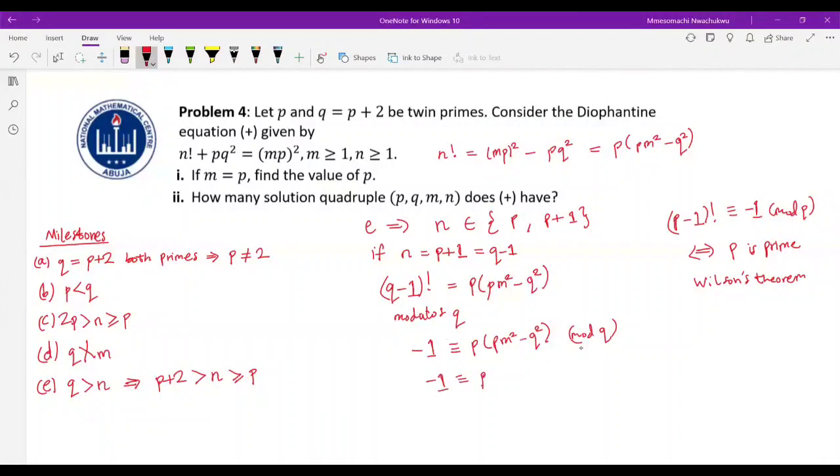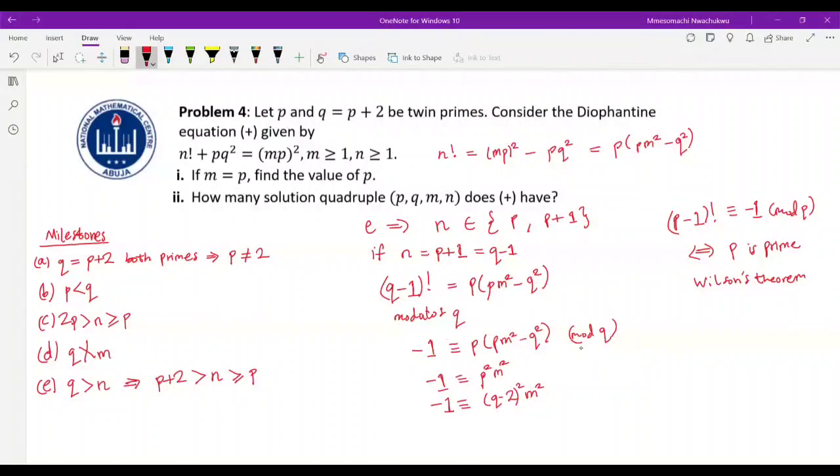So we have minus 1 is congruent to P squared m squared. Now we know that P is equal to Q minus 2. So we have minus 1 is congruent to (Q minus 2) squared m squared.